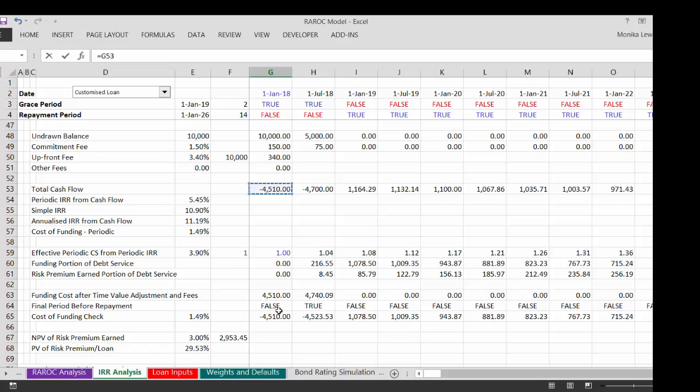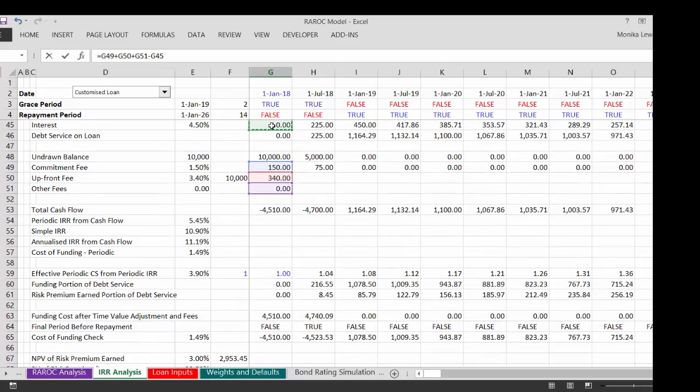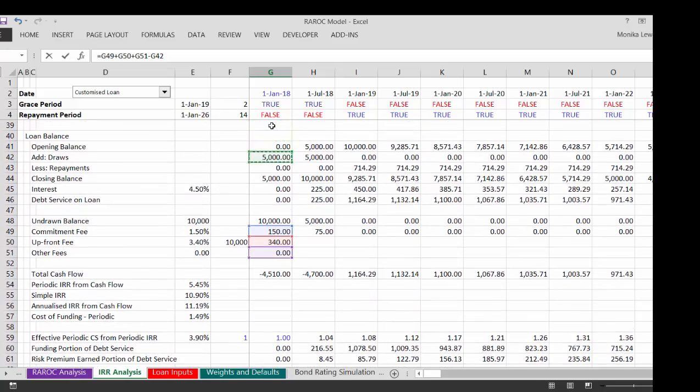Okay, so the net cash flow without default is we get the fees plus all the fees into our pocket. We take away the draws, and we add the debt service.